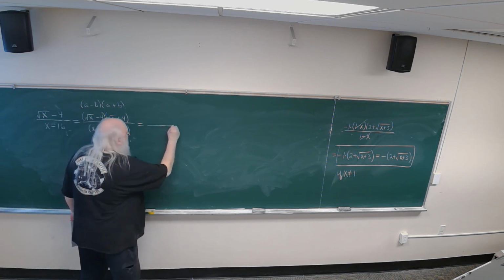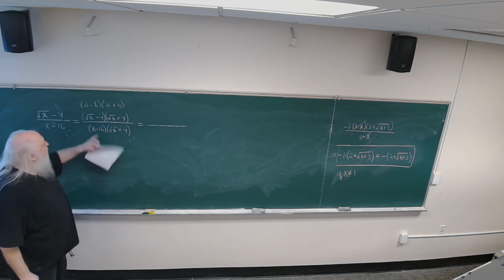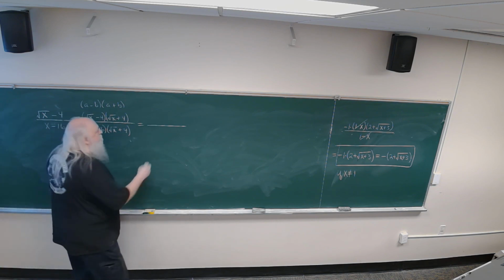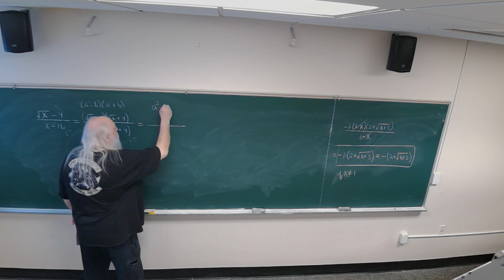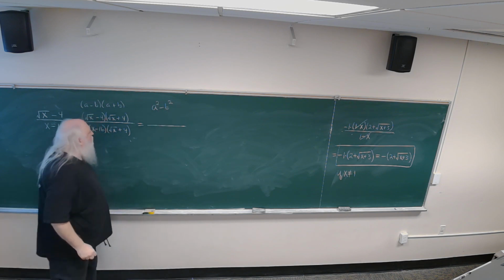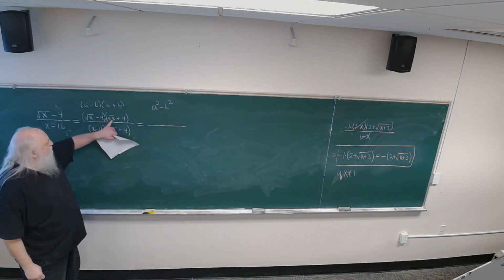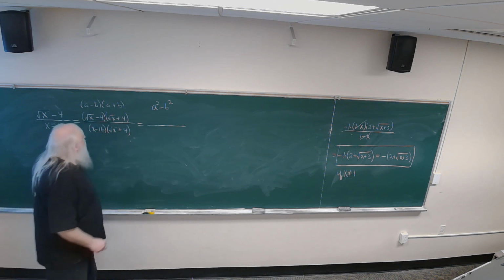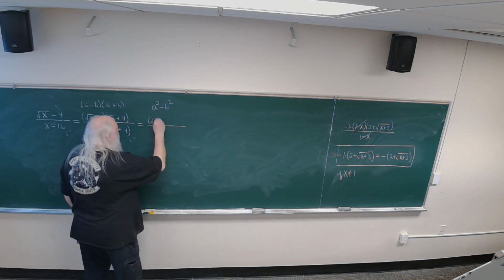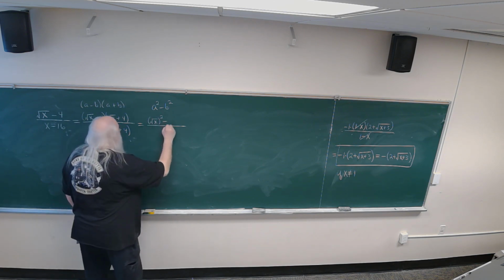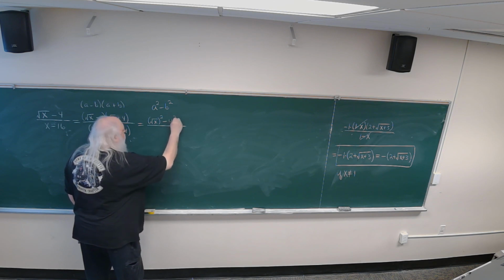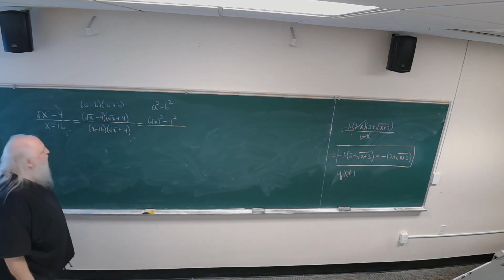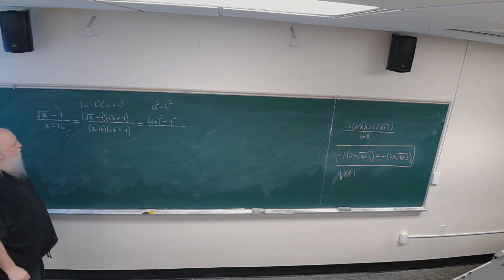And when you FOIL a minus b times a plus b, you get a squared minus b squared, right? Well, a in this case is square root of x, and b is equal to 4. So the numerator FOILs to square root of x squared minus 4 squared.